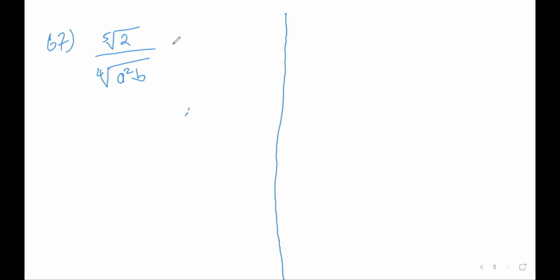So in order to do this, first step is to write our radicals in the denominator as exponents. Okay, notice that we don't care about the radicals in the numerator. We are only rationalizing the denominator.